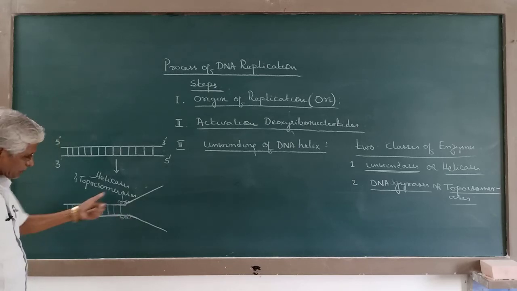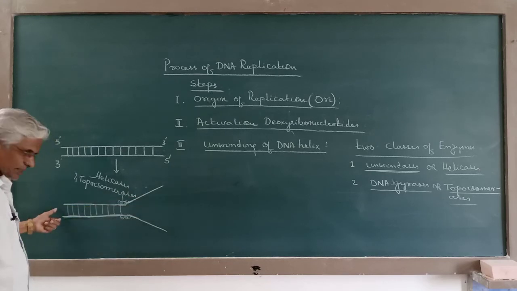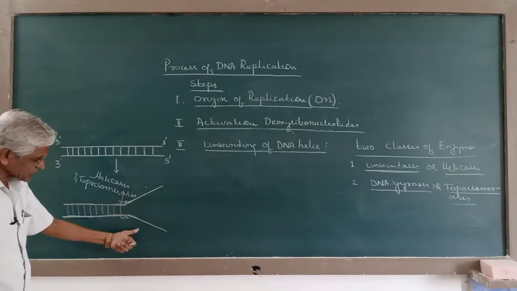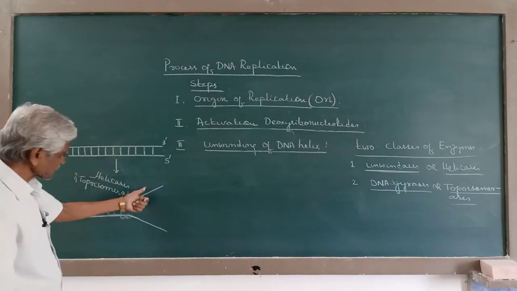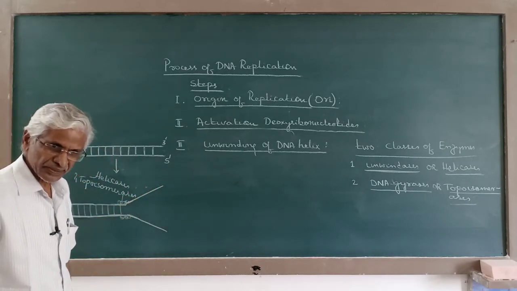so that the tension that has been generated by the separation or uncoiling of these two at this end will be relieved, and these two strands will remain separate, and then each one will act as a template and a new strand will be synthesized.